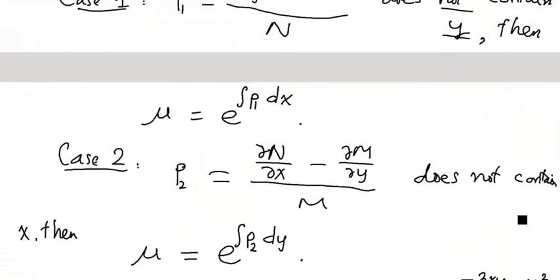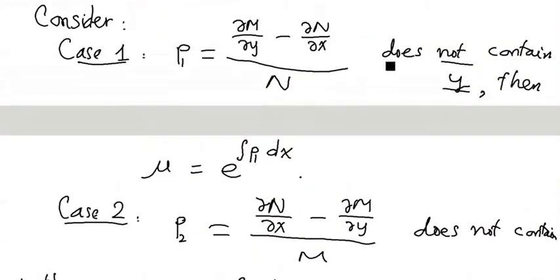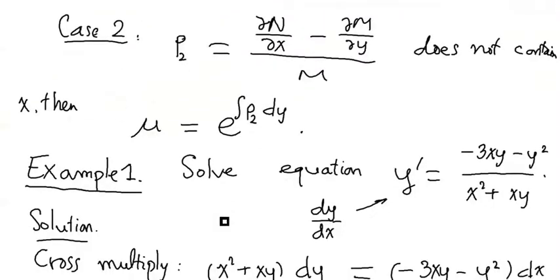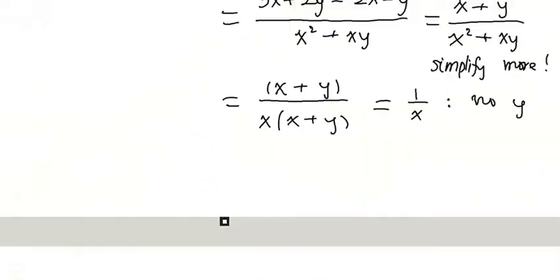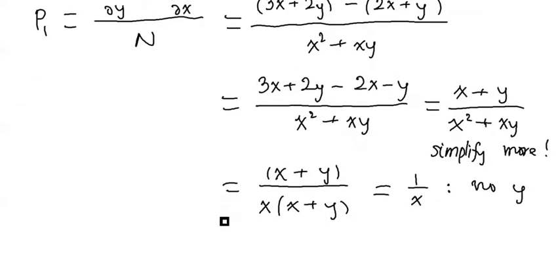Case 1, P1 like that does not contain y. Now, if you compute P1 and it turns out to contain y, then you cannot continue with case 1. Instead, you have to consider case 2. Now, because P1 does not contain y, we can compute the integrating factor.